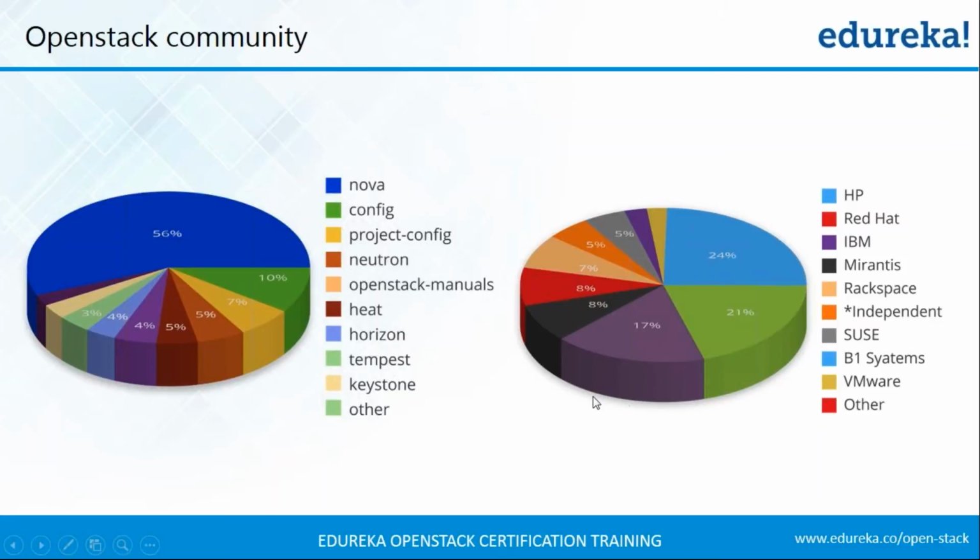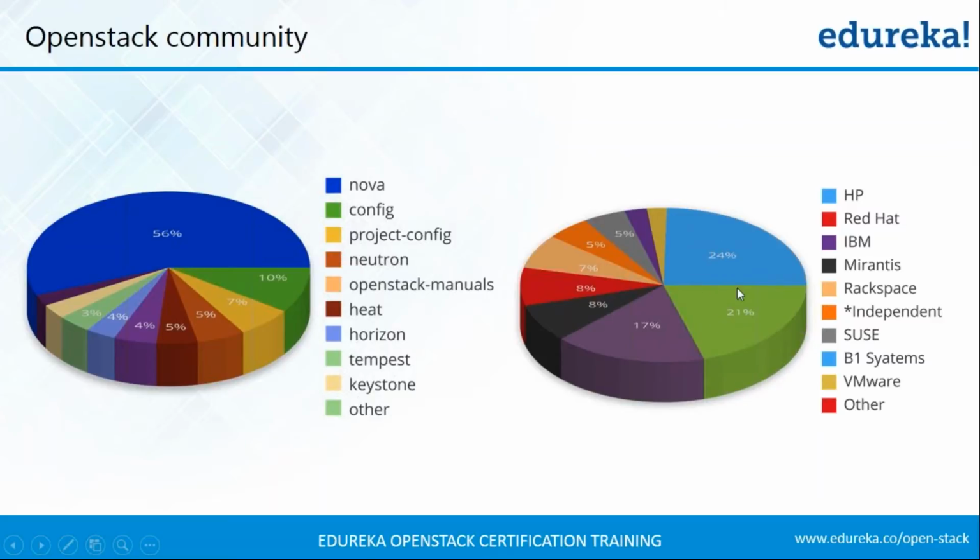This is the pie chart of different companies that have been contributing to OpenStack. And OpenStack, let me tell you, was first created by Rackspace, which is a cloud hosting company, and NASA. Yes, the NASA which sends people to space, that NASA. They created OpenStack in 2010 and made it open source, and since then HP has been contributing a lot to OpenStack, almost 24% of it.